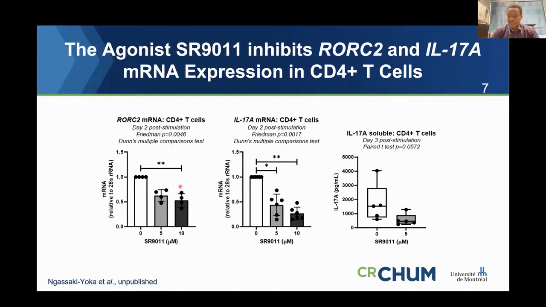By using the REV-ERB agonist, we found a decrease of RORC2 and IL-17 mRNA expression, as well as IL-17A production, as expected. Thus, we confirm that this agonist interferes with TH17 effector functions in human cells, similar to mouse cells.